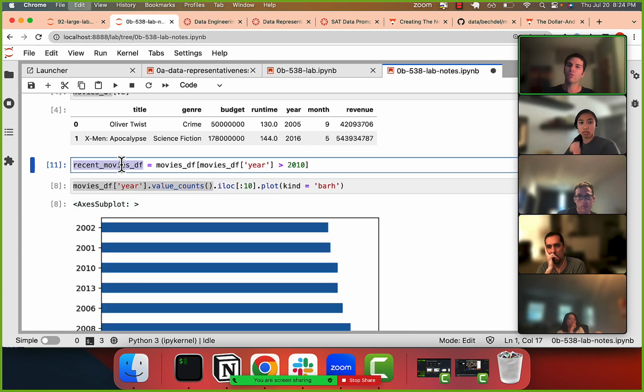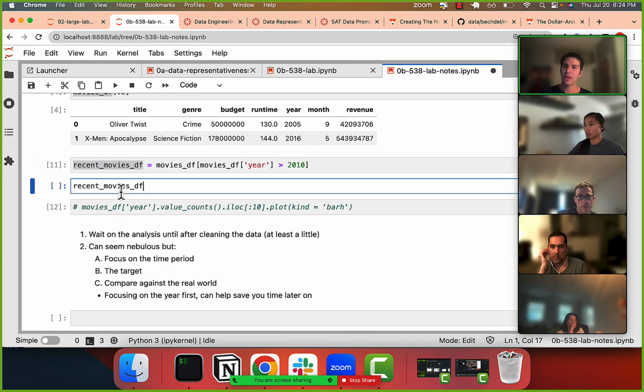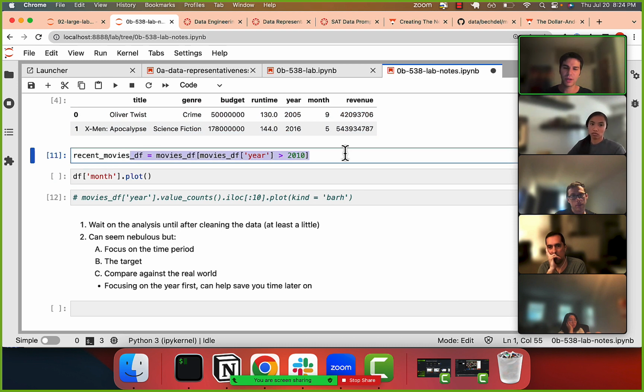One of the reasons why I do this up front is, let's say now I want to plot a distribution. If I'm using these years, do we at least have movies from all months? That might be another thing to check. If I just do a general plot of my data frame and look at the month, I don't really care about how good my entire data set is, because I'm already scoping it down to 2010.